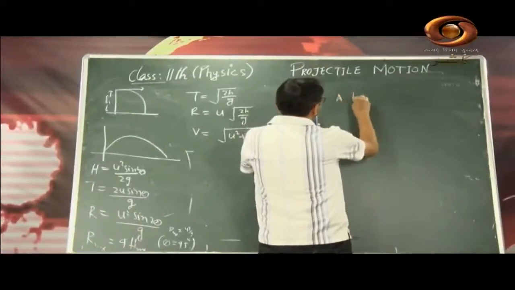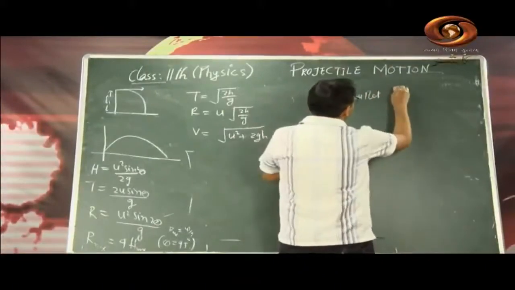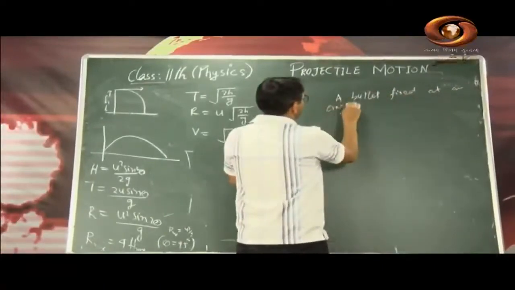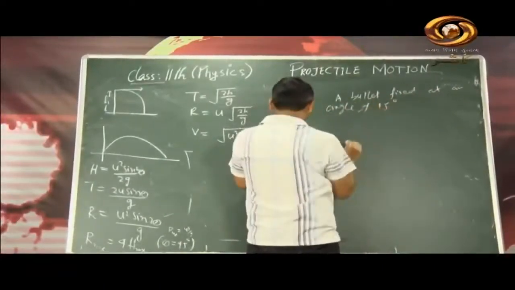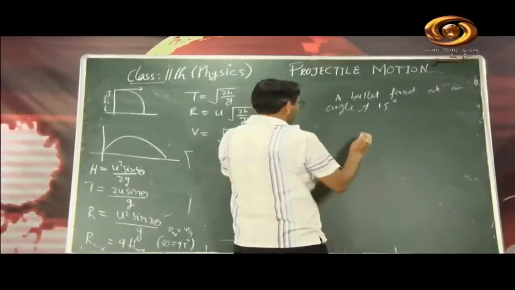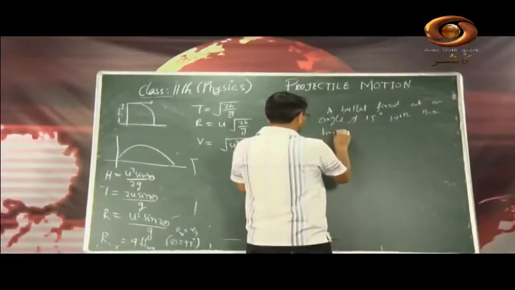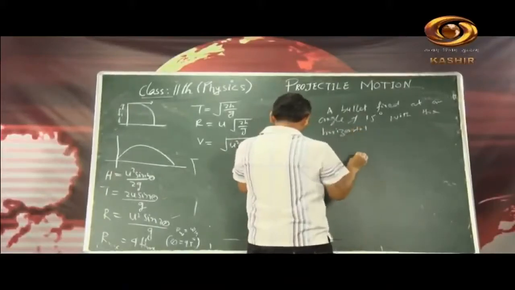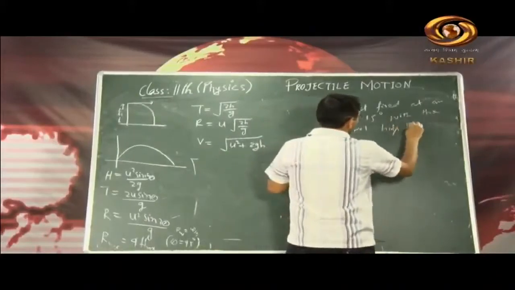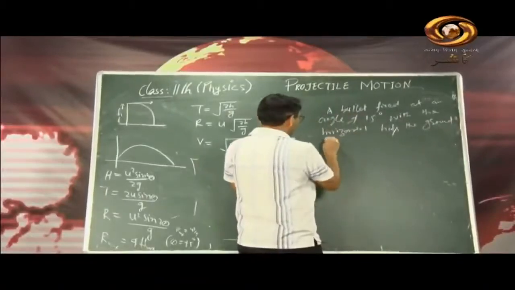A bullet fired at an angle of 15 degrees with the horizontal hits the ground 3 kilometers away.